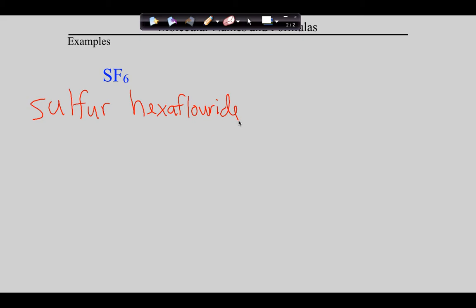The only thing that gets weird about these is if you've got a prefix that ends in a vowel and you've got an element that ends in a vowel, what do you do? And the answer is, we'll let you do whatever you want. So for example, if you've got this, you don't need to write it down.